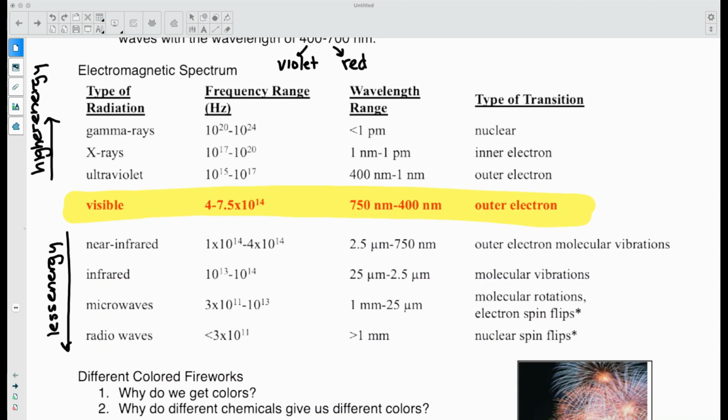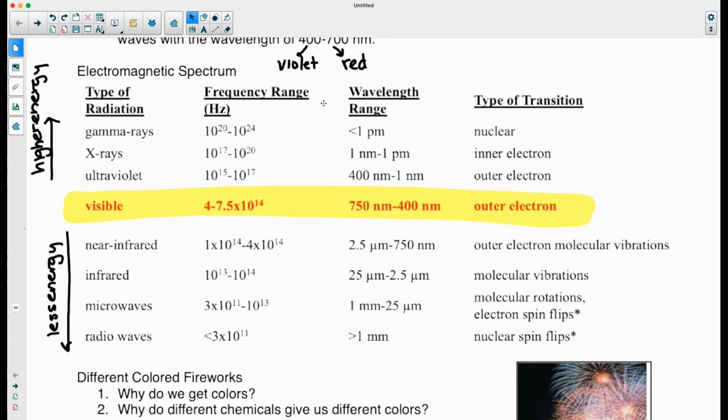So if we look at the gamma rays, they are emitted when there is a nuclear reaction. X-rays can remove an inner electron, meaning a core electron. Ultraviolet can remove a valence electron.